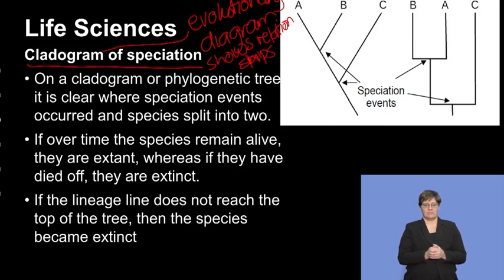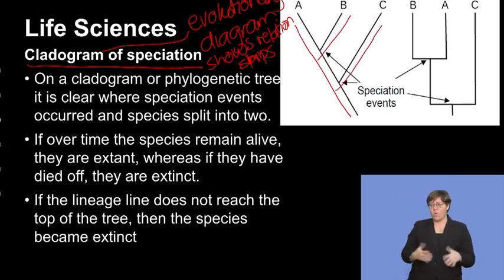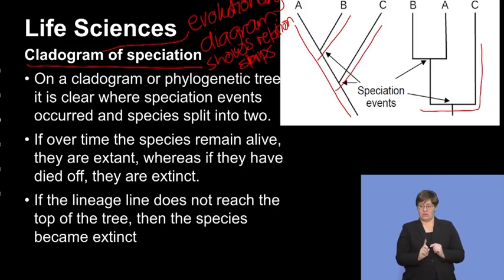Okay, so let's have a look at the diagram here. This is what we call a clad, and we can either draw it like this, where the lines come off at an angle, or we can have straight lines and show how the species develop like that.